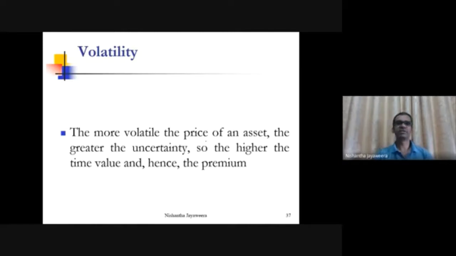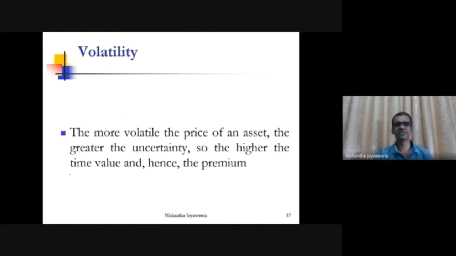So the next variable is volatility, the volatility of the underlying asset. If the prices are volatile, that means going up and down very frequently by large amounts, then what would happen? Again, the uncertainty is high. If it is going in one direction, you know, okay, this is going to go up or going down, but it's going up and down very frequently by high values, then you never know what would happen.